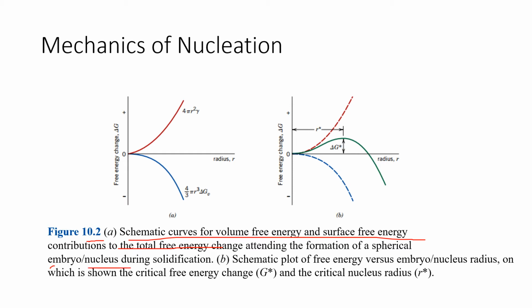Don't confuse embryo and nucleus, they are the same during solidification. Figure 10.2b is a schematic plot of free energy versus nucleus radius, showing the critical free energy change delta G and the critical nucleus radius r.